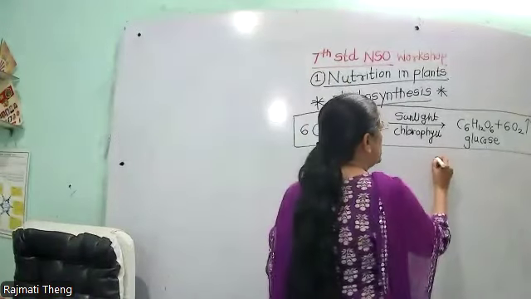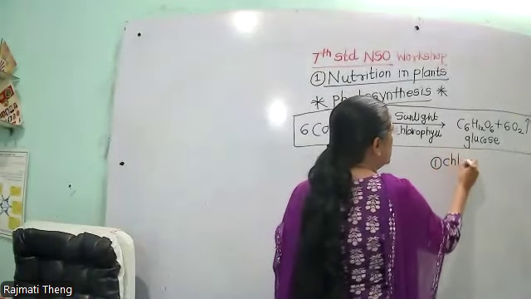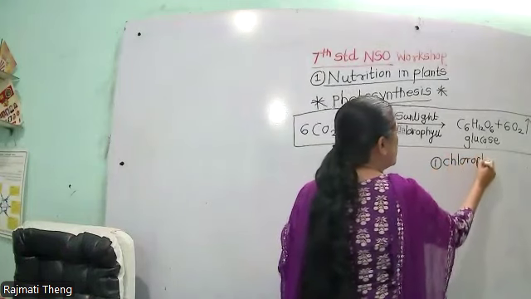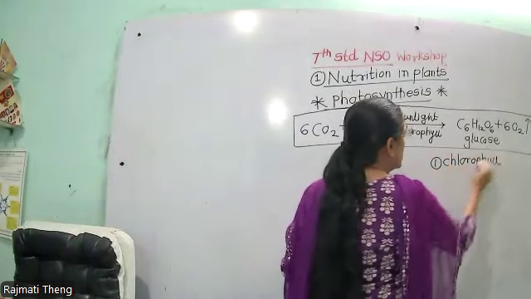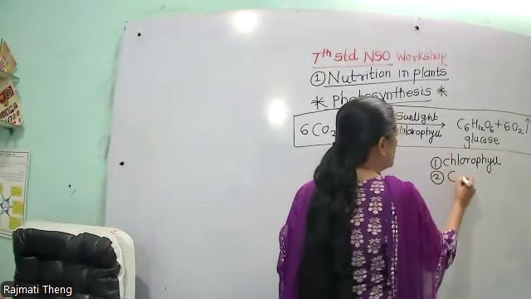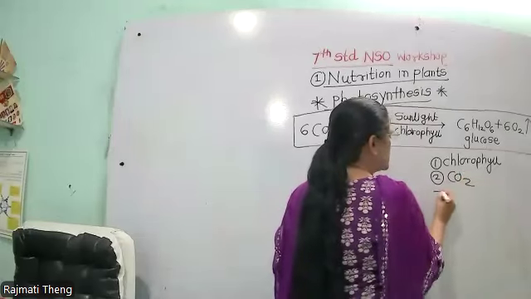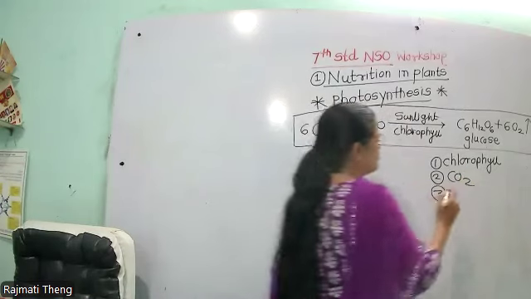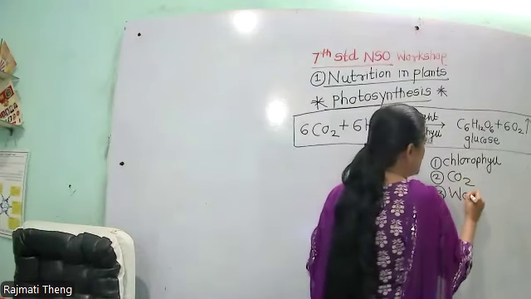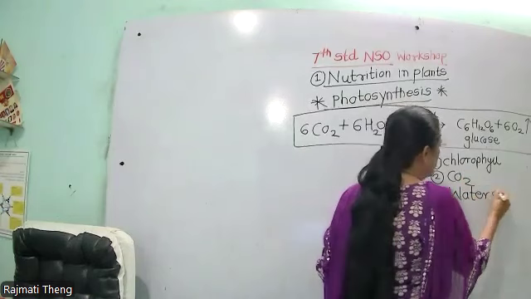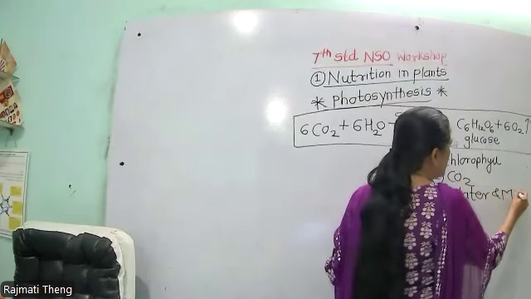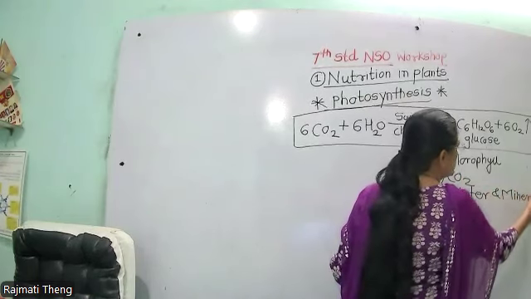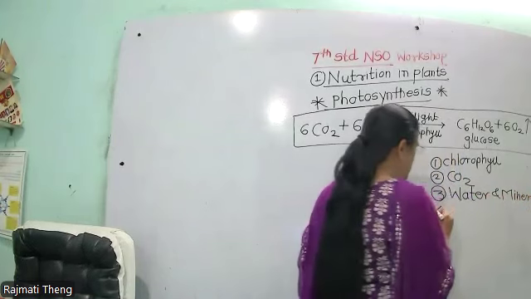Yesterday we have discussed first, chlorophyll is important for the photosynthesis experiment. Also we have discussed carbon dioxide is important for photosynthesis experiment. Also we have discussed water and mineral, which is also important for photosynthesis.